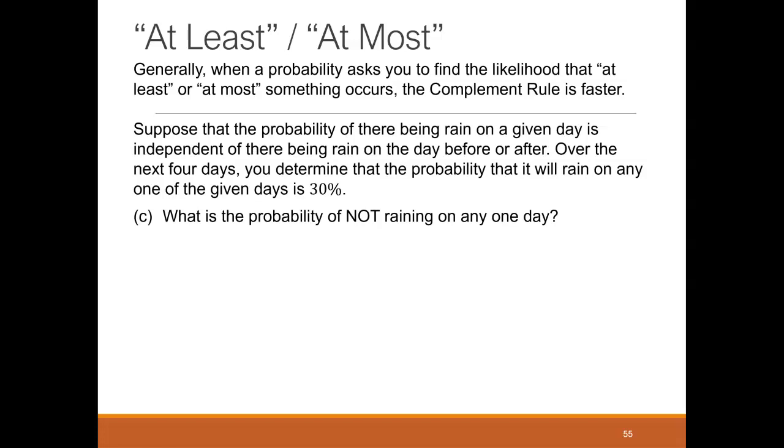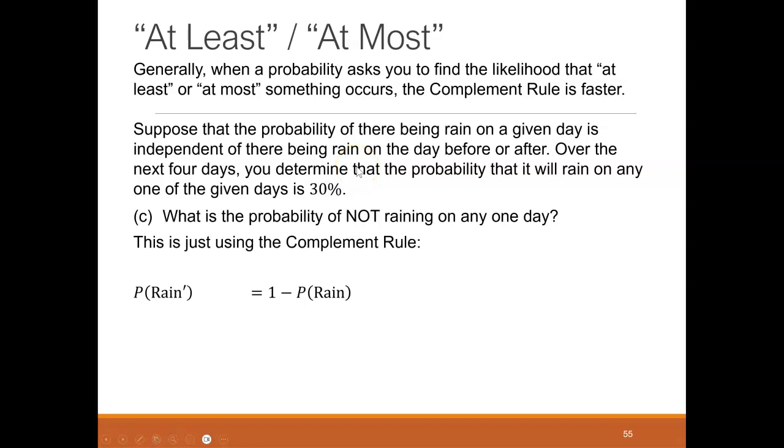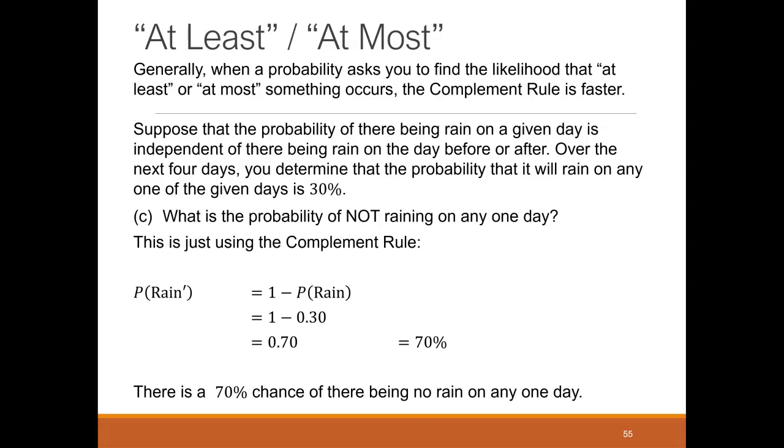This screams, please use a complement to do me. So what we want to do instead is calculate the probability that it rains every day. And we'll just do 1 minus that. Because if we take out the probability it rains every day, then at least one of those days, we're not going to have rain. Everybody's okay with that?